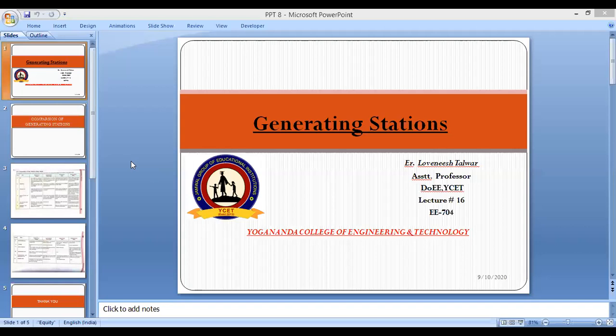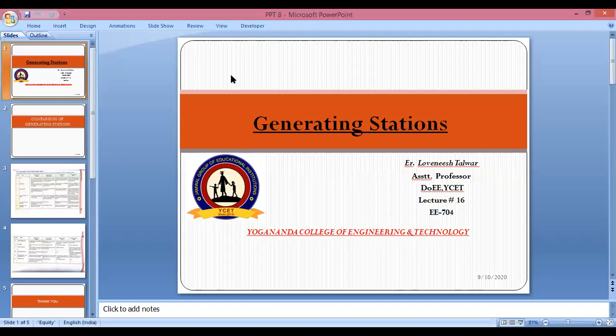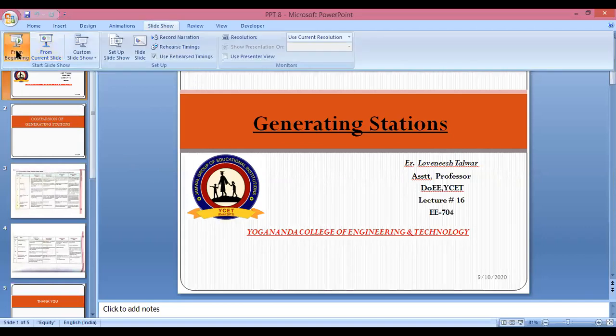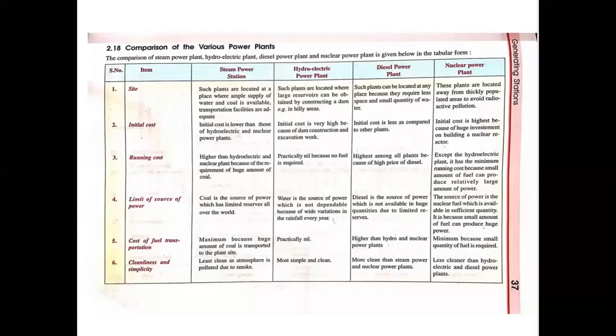Now it is visible to all of you. Yes, sir. Okay, fine. So you can see that this is basically the comparison of the various power plants. We have a serial number, the items, and after that the four categories: the steam power plant, the hydroelectric power plant, the diesel power plant, and the nuclear power plant.